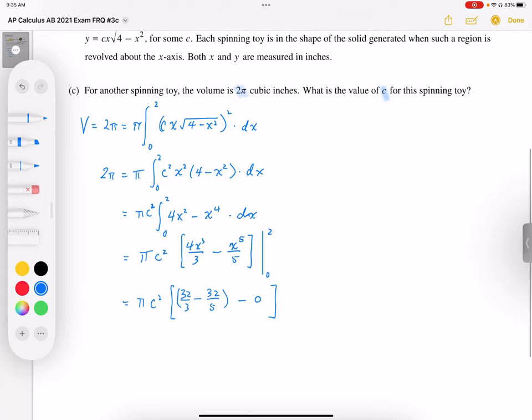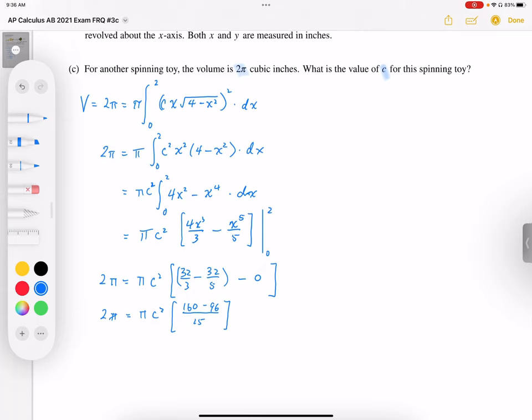So I need to just work this out and make it equal to 2 pi. If we want, we can see that the pi's are going to cancel out. So this works out to be 160 over 15, minus 96 over 15 when we get a common denominator.